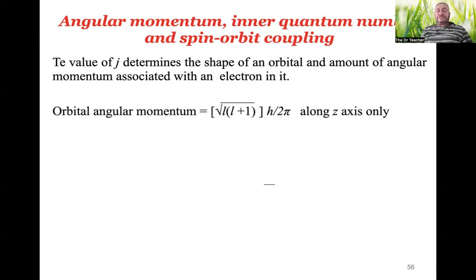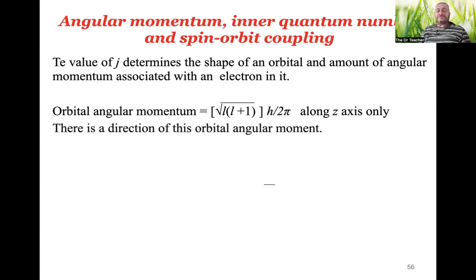So the orbital angular momentum equals, in brackets, the square root of L times L plus 1, closed, times h over 2 pi. This is along the z-axis only. So there is a direction of this orbital angular momentum. Which direction is this angular momentum taking? So L determines the shape of the orbital.